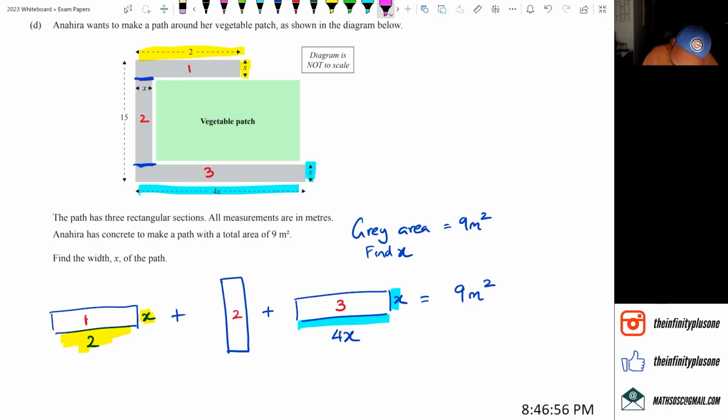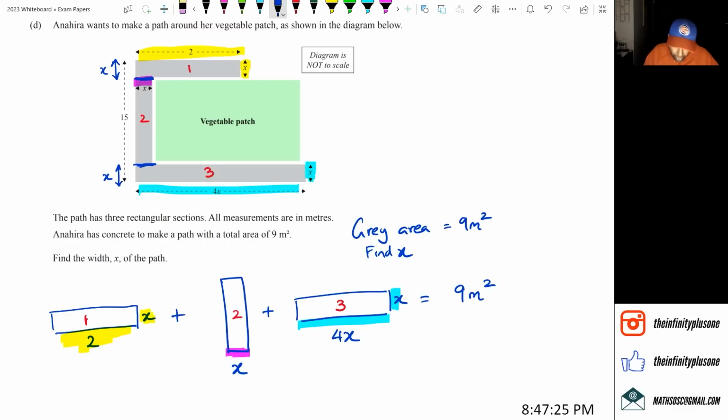Finally, I've got rectangle 2. Rectangle 2's base is actually x. However, this is the only part that you need to kind of understand. Rectangle 2's height is not 15. If you think about it, we've got an x from here to here, and we've also got the measurement of x from there to there.